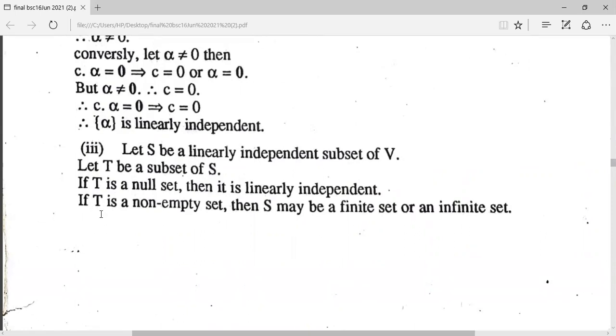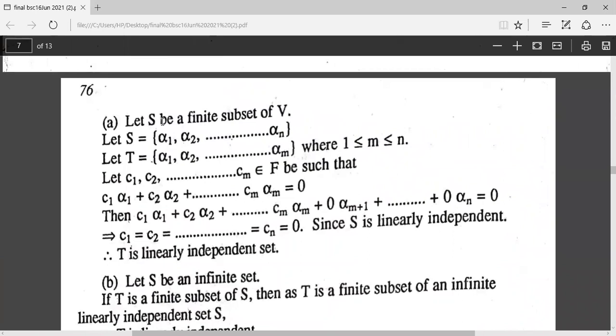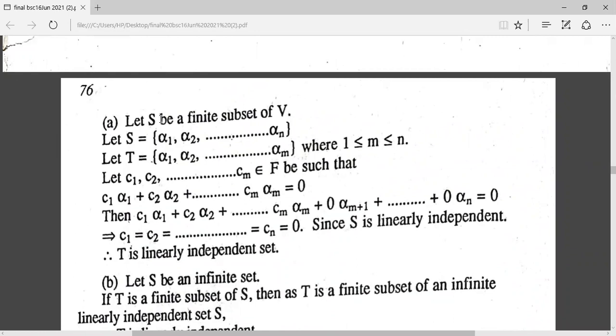Next, suppose T is not a null set. It is a non-empty set. Then there are two possibilities. S may be a finite set or it may be an infinite set. S may contain a finite number of elements or it may contain an infinite number of elements. Suppose S is a finite subset of V, that is, it has a finite number of elements.